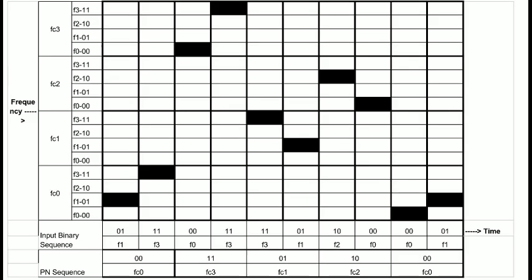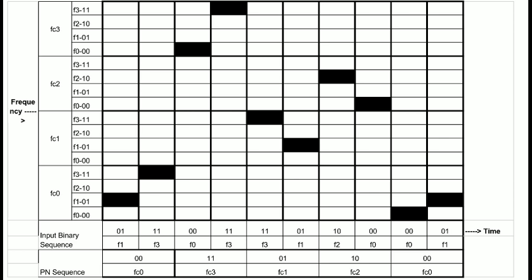So divide each carrier frequency into 4 sublevels, and name F0 as 0 0, F1 as 0 1, F2 as 1 0, and F3 as 1 1 for each carrier frequency, that is FC0, FC1, FC2, and FC3.